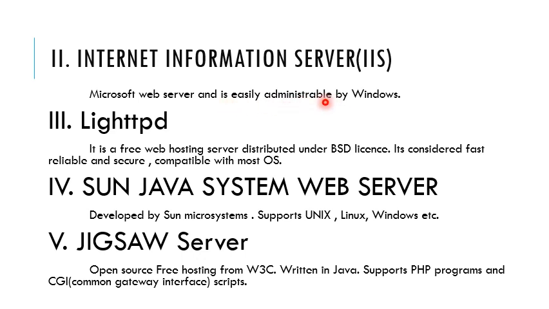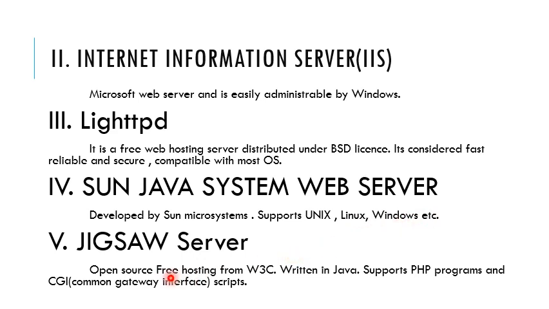Then comes Lighttpd, a free web hosting server distributed under the Berkeley Software Distribution License. It is considered fast, reliable, secure, and compatible with most operating systems. Then comes the Sun Java System Web Server, developed by Sun Microsystems, which supports Unix, Linux, and Windows.